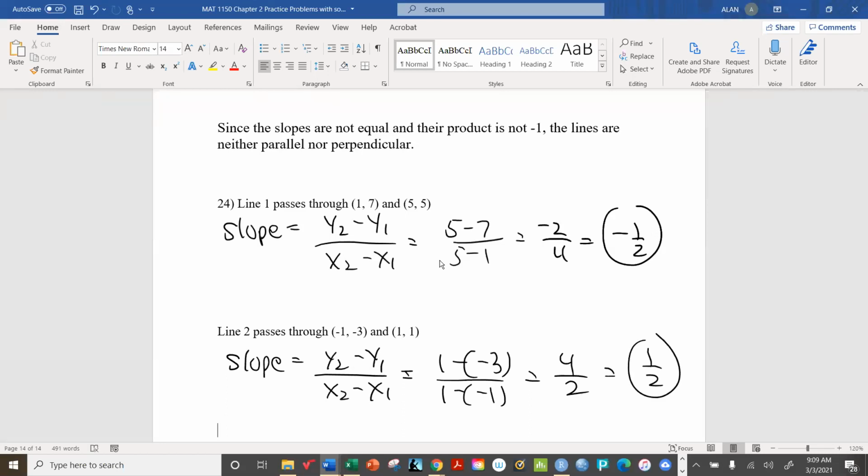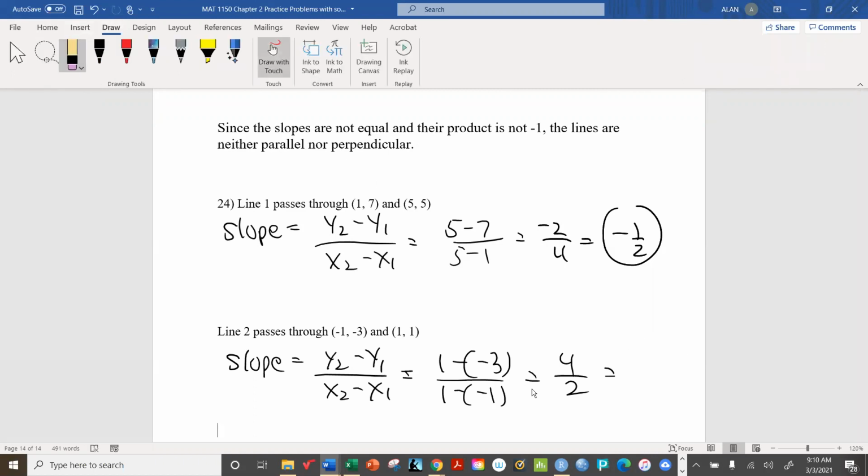No, I did something wrong. What's wrong with me? 4 halves is 2. I just wrote it wrong. Sorry. Here it is. The 4 halves is obviously 2. Now we're good.